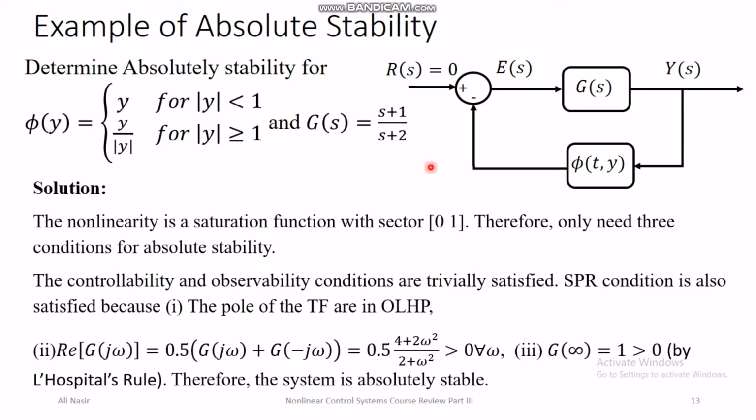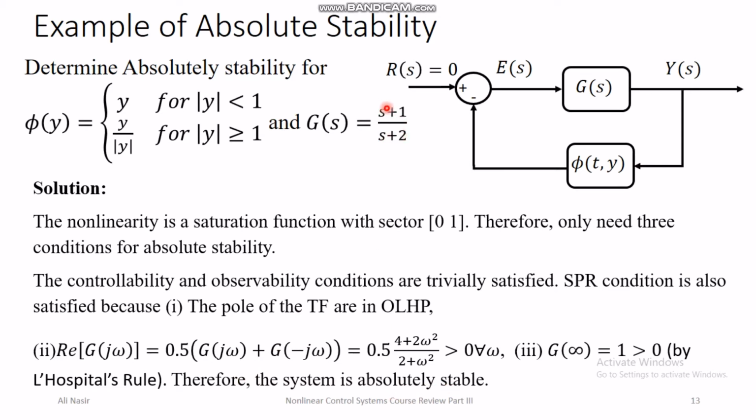So 1 over s becomes 0, and you can basically prove that. This has been done by L'Hopital rule because once you have an infinity over infinity situation, then what you do is you take the derivative of the numerator and the denominator.